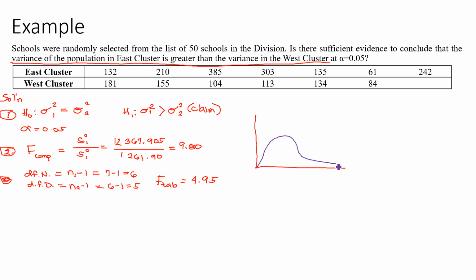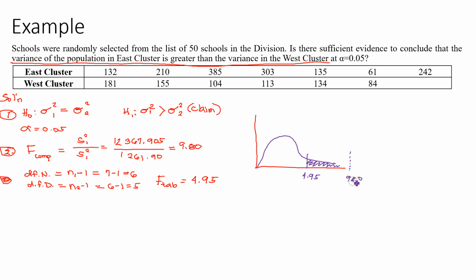Okay. So for our tabular, so this would be our tabular. So that is 4.95. So in this case, the computed is 9.80. So somewhere here. Okay, so this is 9.80.